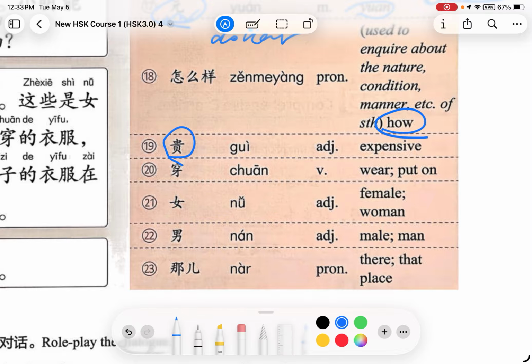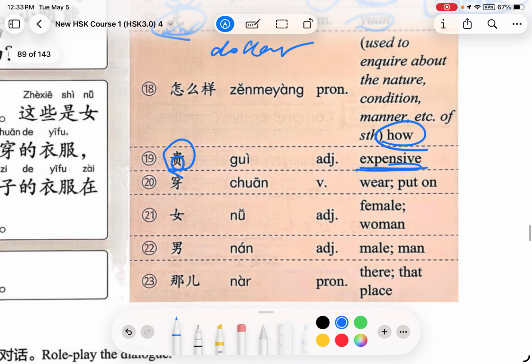贵 is expensive. Look at the part below this radical. It's 贝. It means shell. If a Hanzi has this radical, it means this Hanzi has something to do with money.